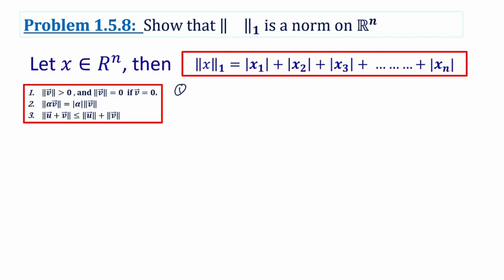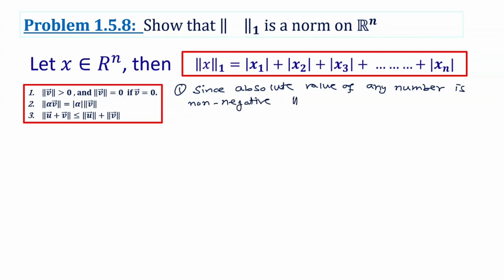In the first property, we have to show that the norm of x is greater than or equal to 0, and the norm of x equals 0 if and only if x equals 0. Since we know that the absolute value of any number is non-negative, the norm 1 of x will be greater than or equal to 0.